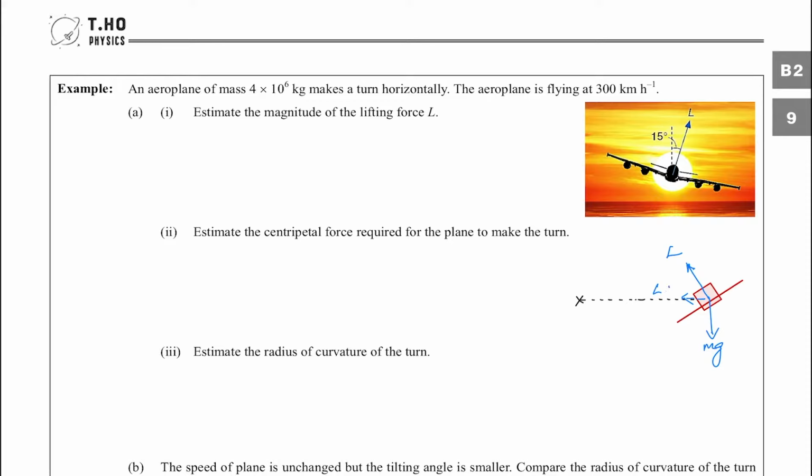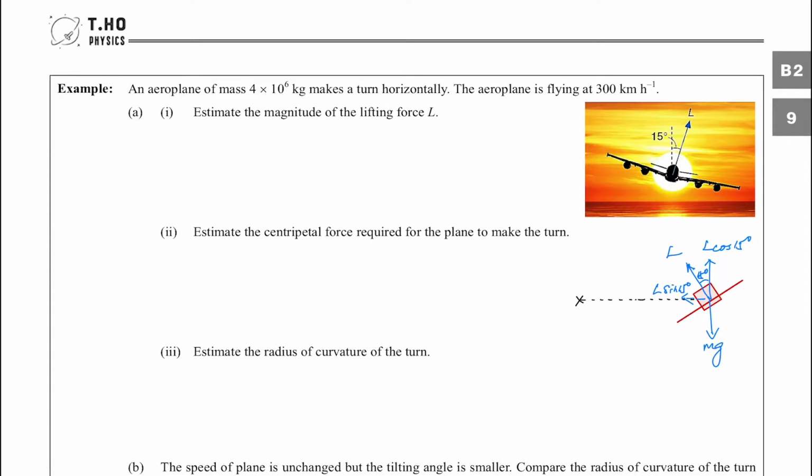One is the horizontal component, which is given by L sine 15, and the vertical component L cosine 15, with 15 degrees being the angle between the vertical and L.